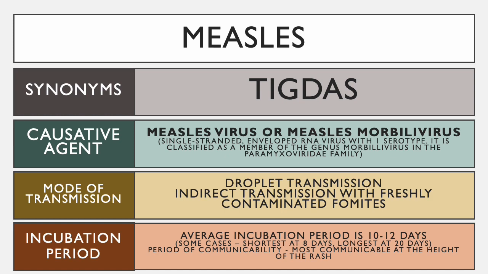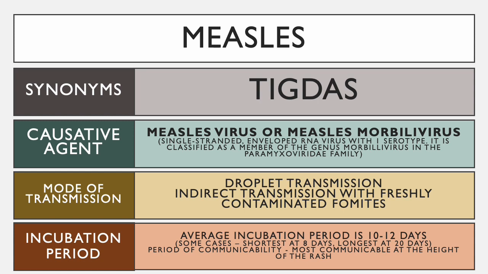And it belongs in the genus of Morbillivirus in the Paramyxoviridae family. Sa iba makikita mo yan as Paramyxovirus. Okay, sa ibang mga references, it's Paramyxovirus or Paramyxovirus. But again, it's just the same. We are still referring to the same type of virus.